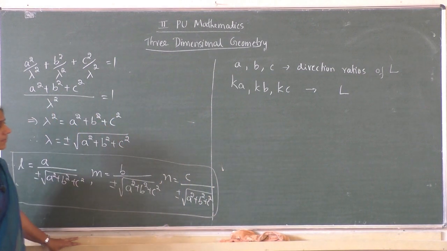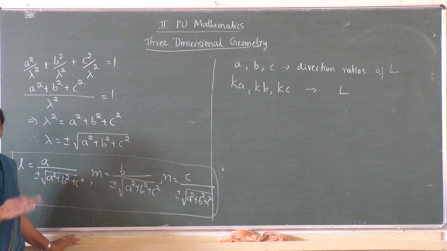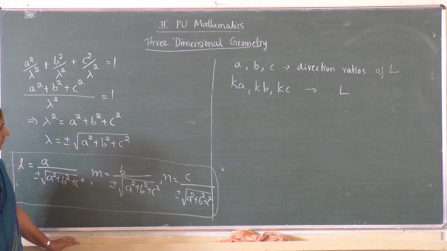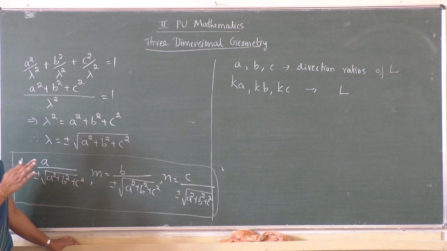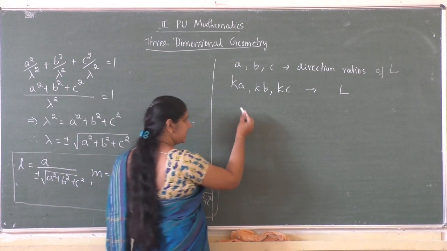So this is regarding the relation between the direction ratios and the direction cosines, and we have already found the relation between the direction angles and the direction cosines. So what are the things we studied here?